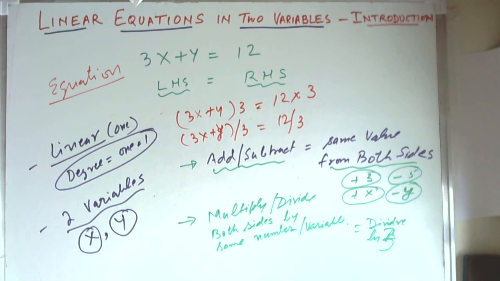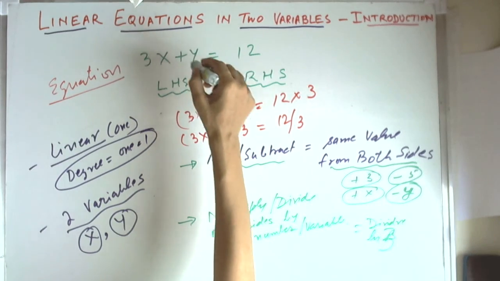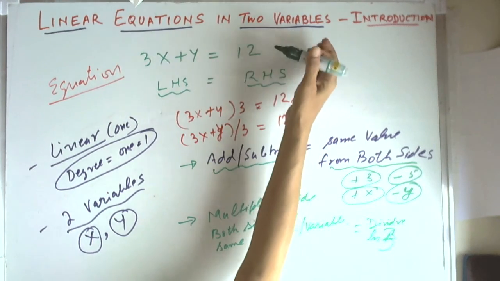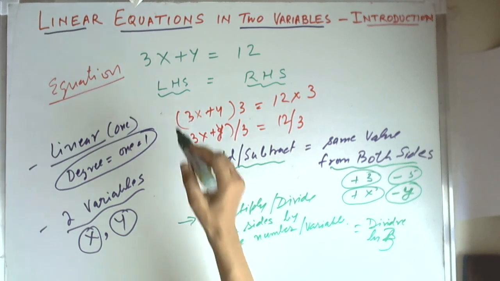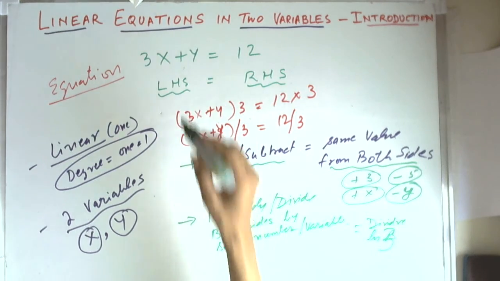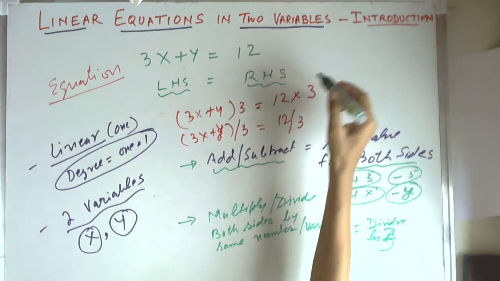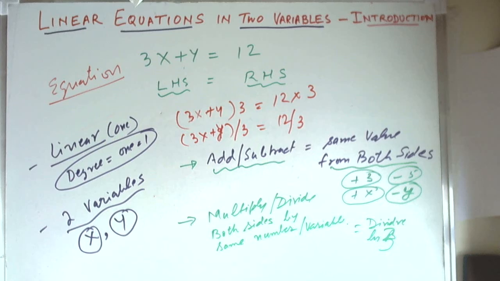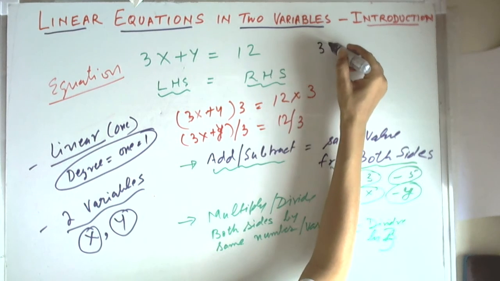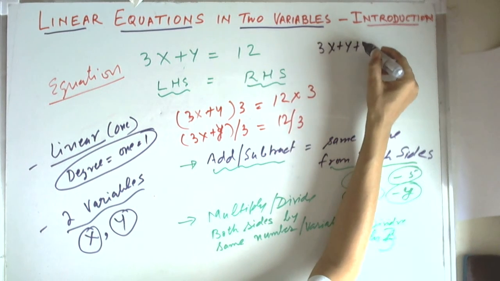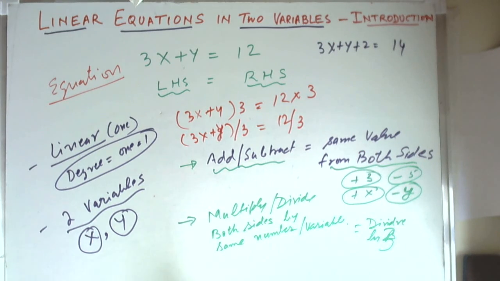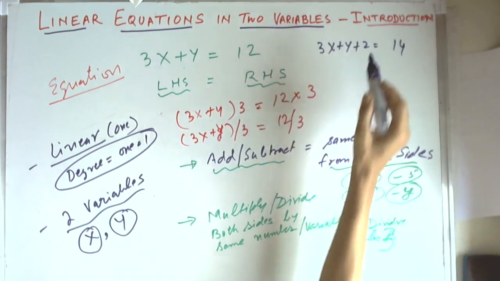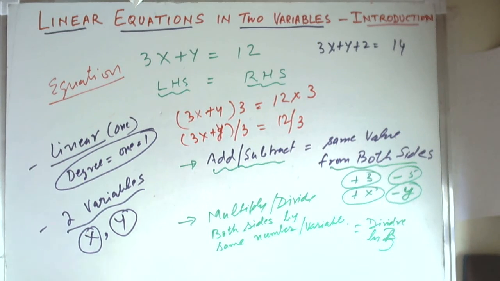Another thing is that when we transpose an expression from the left hand side to the right hand side, or from the right hand side to the left hand side, then the sign changes. So for example, let me take another equation, using a different color pen. Say there is the equation 3x plus y plus 2 equal to 14. Now there is x and y, and then 2 is on the left hand side also, and 14 is on the right hand side.